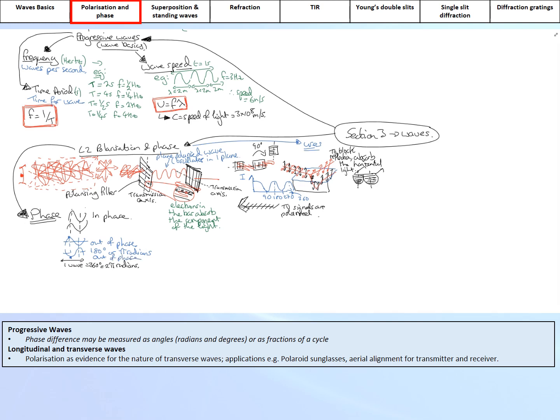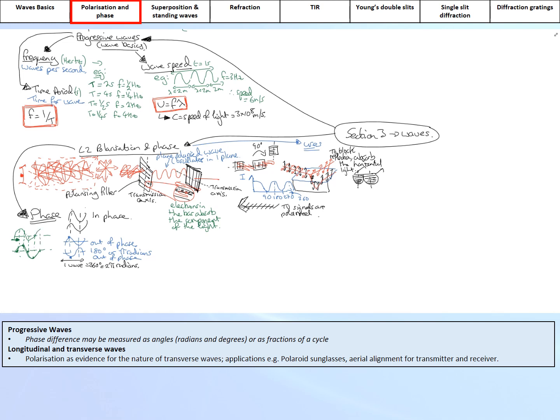Supposing instead, let's draw another one, a green one, there's our original wave, and let's shift it by a quarter of a wave. It's a bit harder to draw, so if ever you have to do this, draw the lines down, and move that quarter of a wave forwards to there. I'm going to start here, high point, midpoint, low point, and so on. That's how to draw a wave a quarter of a cycle out of phase.